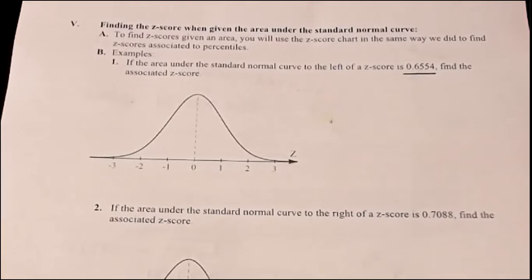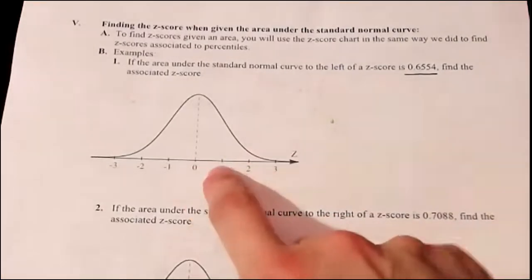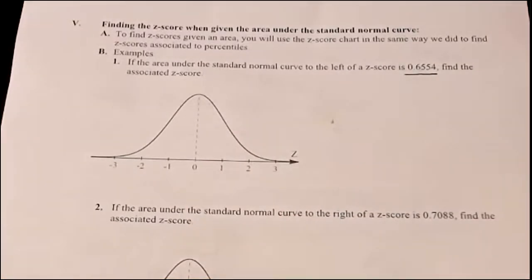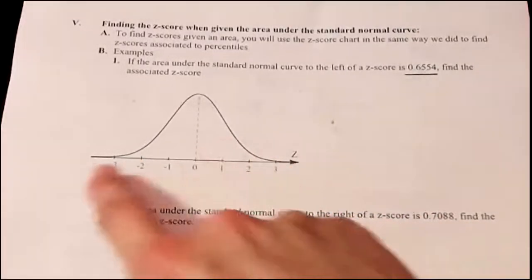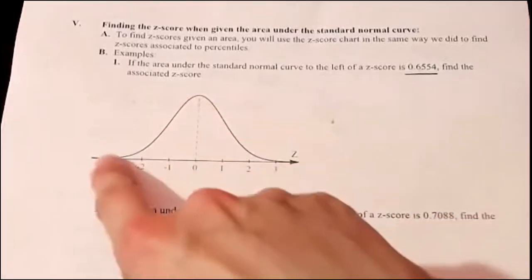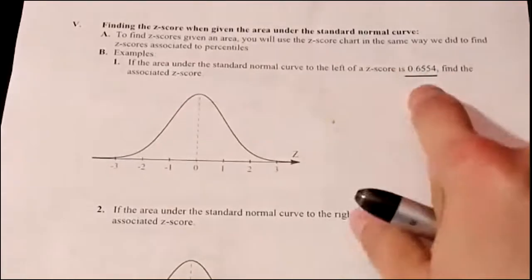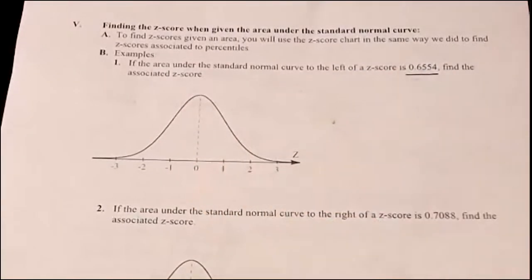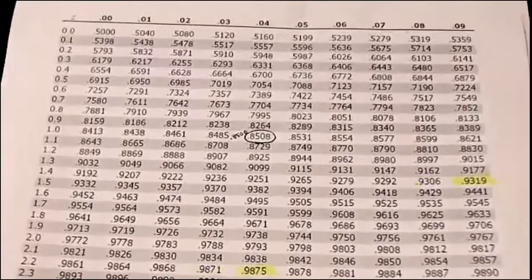Regardless of whether you're saying specifically between 0 and 1, or noticing that it's got to be on the positive side because only 50% of the data is to the left of 0. So we have to shade more, right? So we recognize that we're on the positive side. So let's go to the positive side of our z-score table.